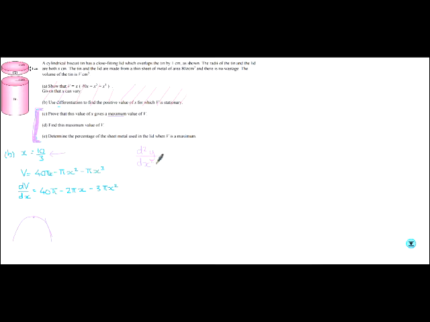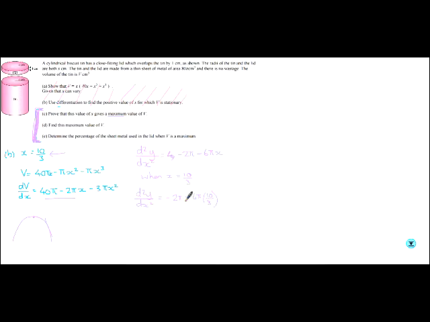So the second derivative of this one is 40. No, sorry, that's a constant. That's not going to be there at all. So it's going to be minus 2 pi minus 6 pi x. Now when x is 10 over 3, let's just pop this in. So d2y by dx squared is going to be equal to minus 2 pi, take away 6 pi lots of 10 over 3.